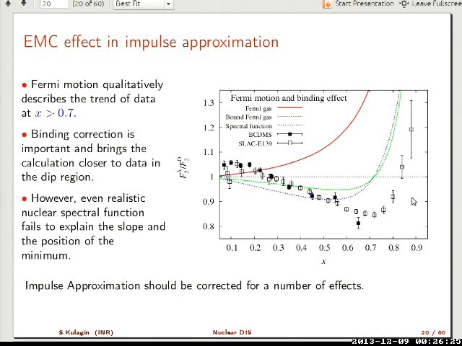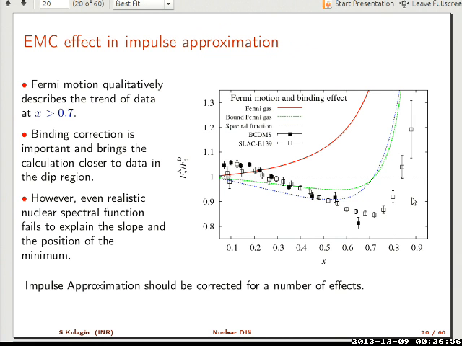What happens if you try to calculate the corrections? In impulse approximation, if you try the simplest correction, just the Fermi gas, no binding, just the momentum distribution, then we would have something like the curve shown in red here.